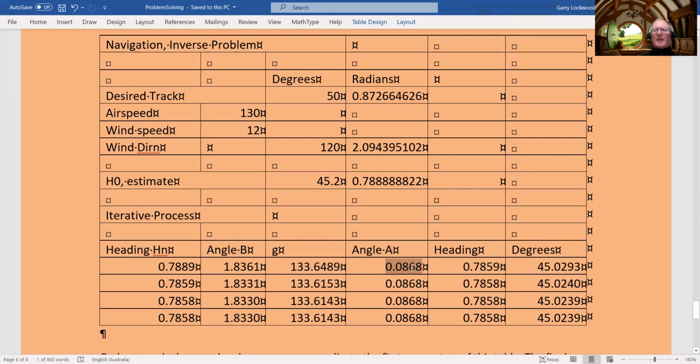Then I've calculated angle A using the law of sines. That, of course, is in radians. So here's my new heading, and I've just gone, it's the track, which is 0.872 minus this angle A. And so that's my new heading. I've converted that to degrees.